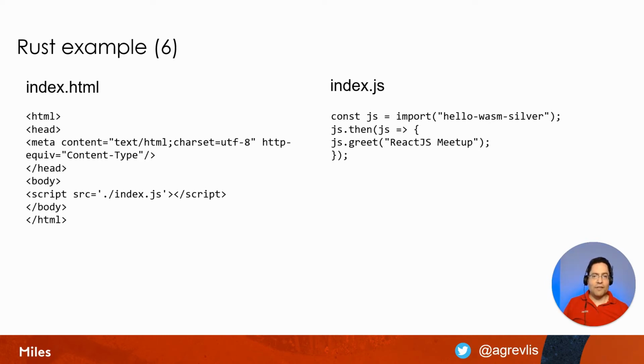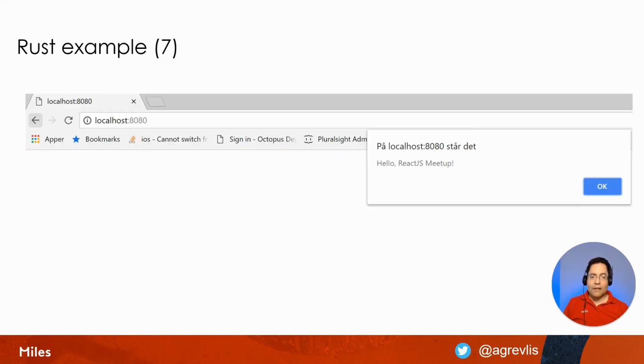And in our index.js file, we can import our npm package, the Hello WASM Silver package. Then we need to call this asynchronously, so we can call js.greet, and then what we want to have printed out. And if we run this thing in the browser, we will have an output here, as we can see.